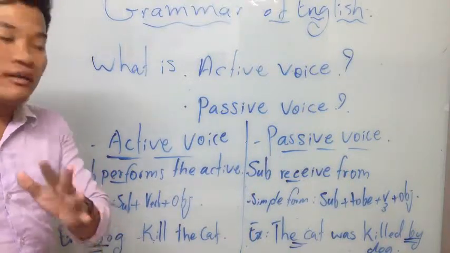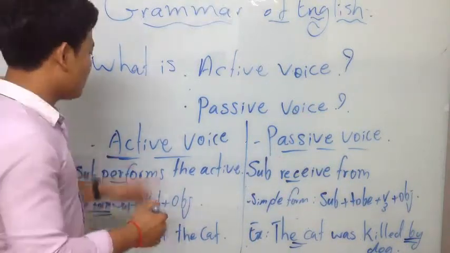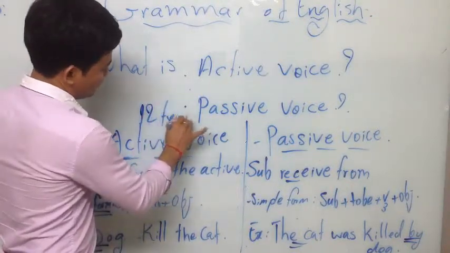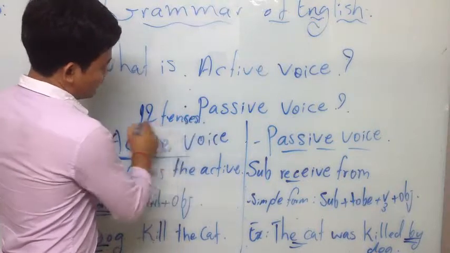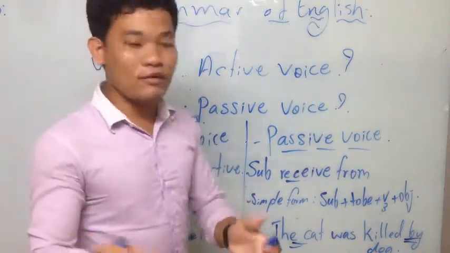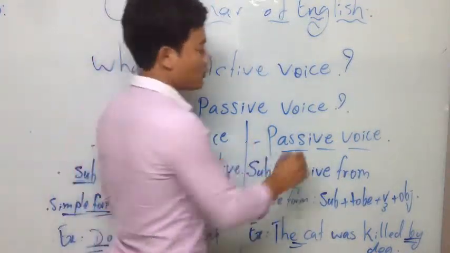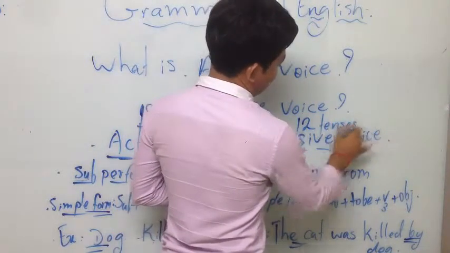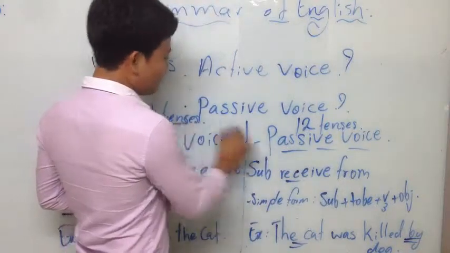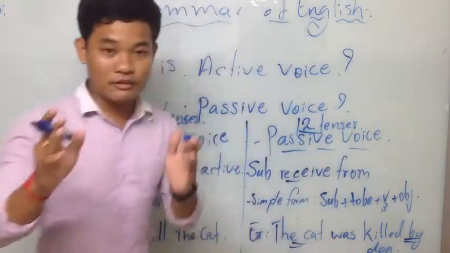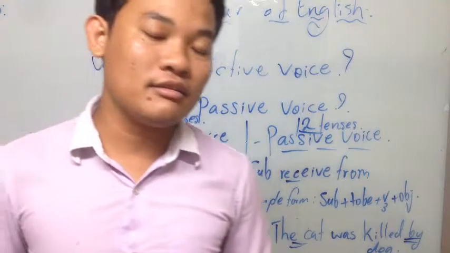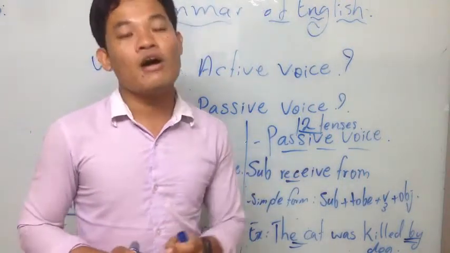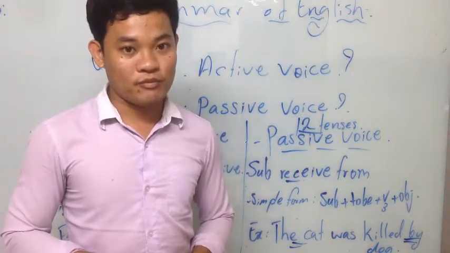Alright? In the tenses, the passive voice has 12 tenses, and the active voice also has 12 tenses.